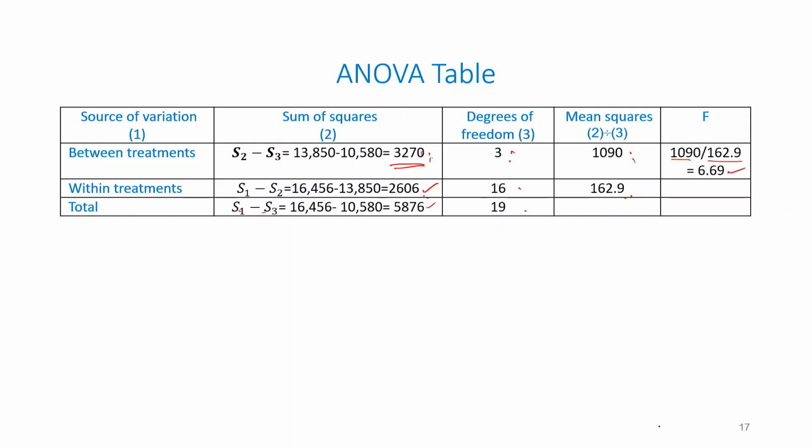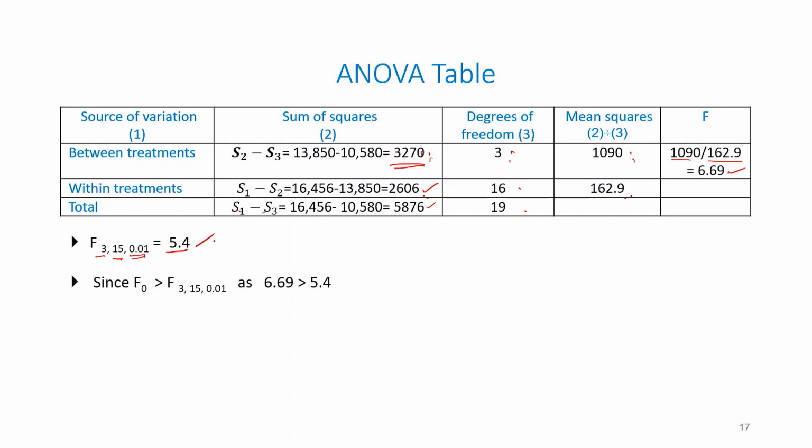So in the present case, the calculated value of F is 6.69. Now the table value of F for degrees of freedom 3 and 15 at the level of significance 0.01, this figure in the table we will find is 5.4.